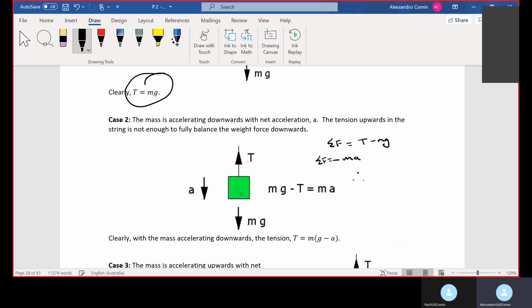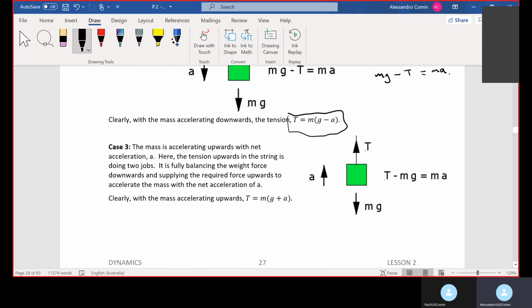So we have T minus mg is equal to minus ma. We don't like having negatives on this side, so we multiply everything by minus 1. So we get mg minus T is equal to ma. And we can see here that if we wanted to rearrange for the tension, we get T is equal to m bracket g minus a.